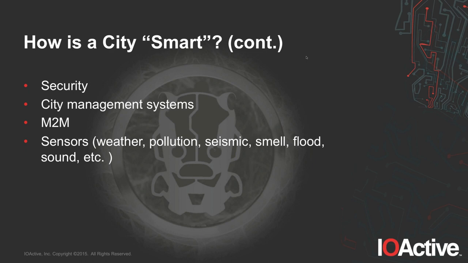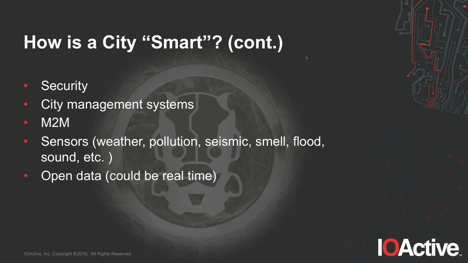Sensors are the core part of a city because they will detect weather conditions, pollution, a small flood, some can detect earthquakes, breakage on bridges and tunnels, etc. So sensors are constantly gathering information in real time and sending it back to the different systems. So they are really a core part of a city.